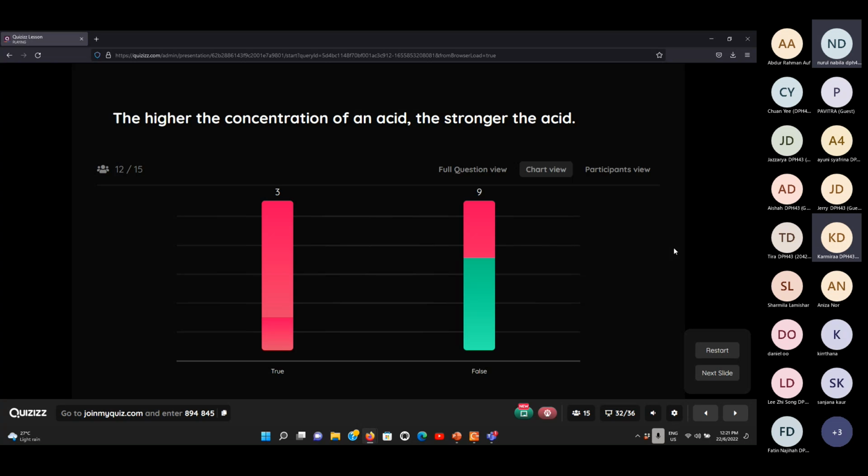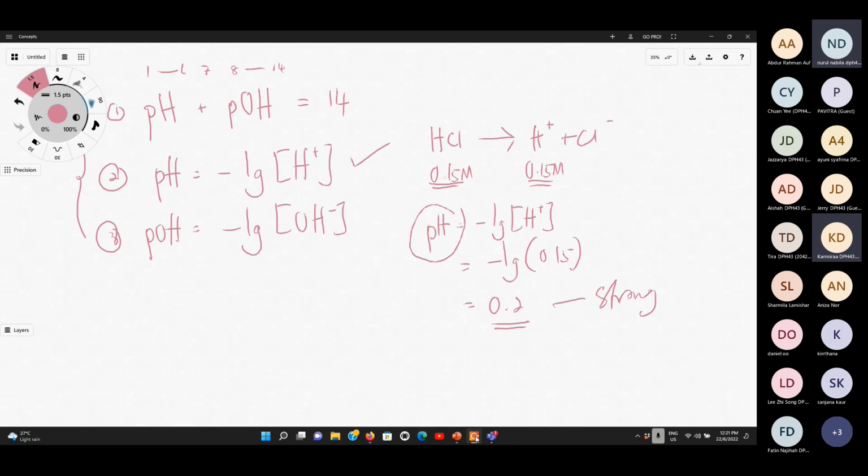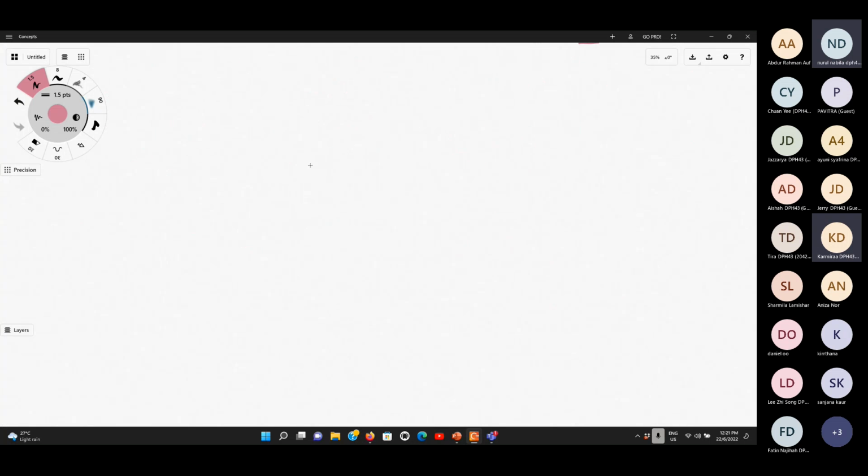Okay, remember the keyword untuk define the strength of an acid adalah the ability of that substance to produce the H plus ion. Kalau dia tak mention langsung tentang H plus ion, macam contohnya soalan ni, dia cakap tentang the concentration of an acid. So the concentration, kalau saya cakap tentang concentration, maybe kamu confused kat sini. Okay, katakanlah saya ada satu acid.